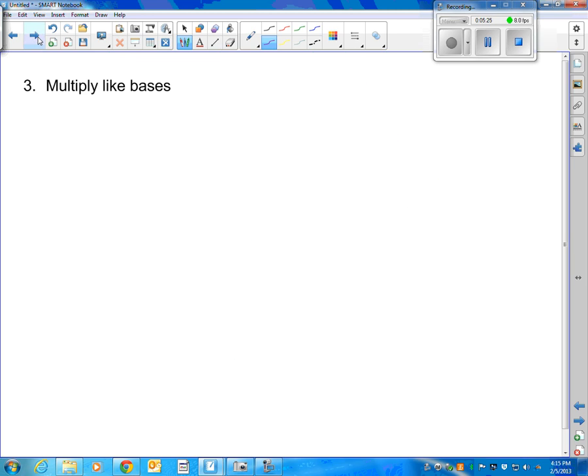All right, for rule number 3, what happens when we multiply like bases? We are going to add the exponents. Okay, and let's do a couple examples to show what I mean by that.